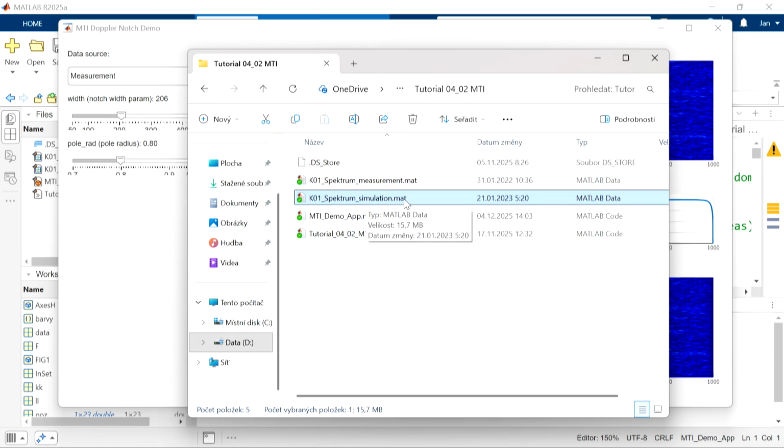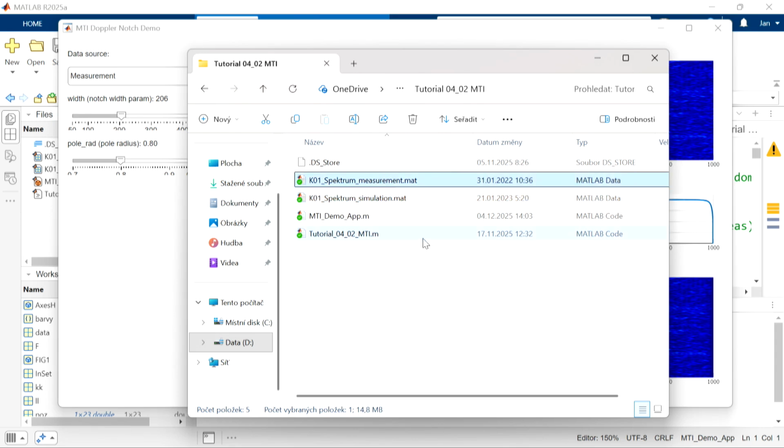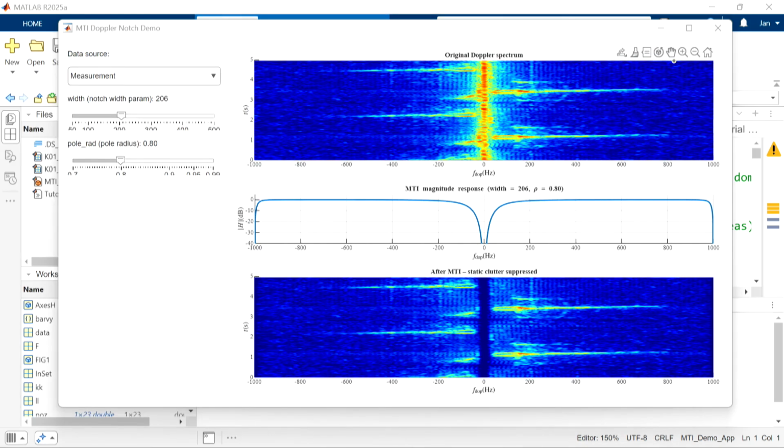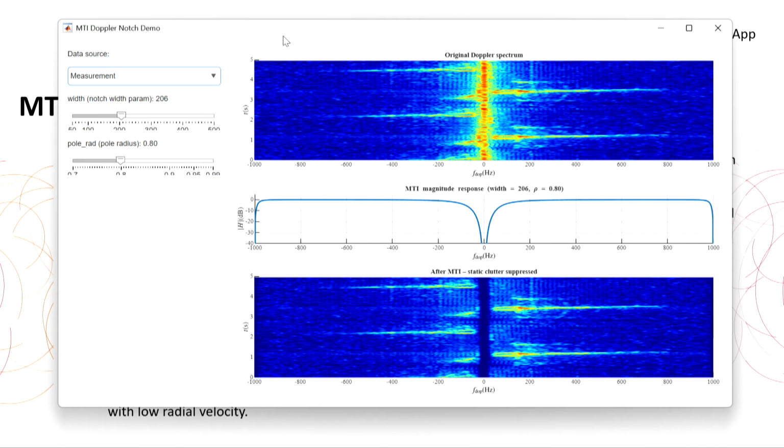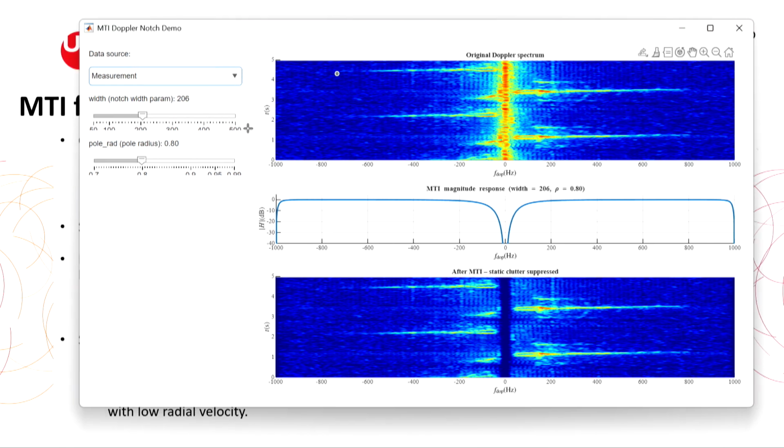It is a spectrogram if you open it, and this is the spectrogram of a real measurement. Just play with this and check.